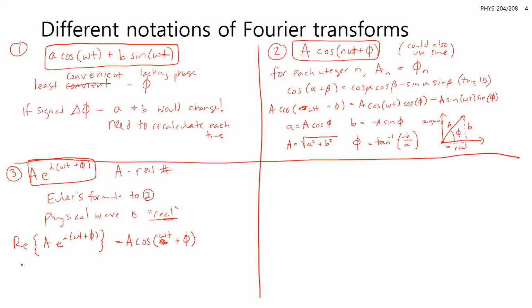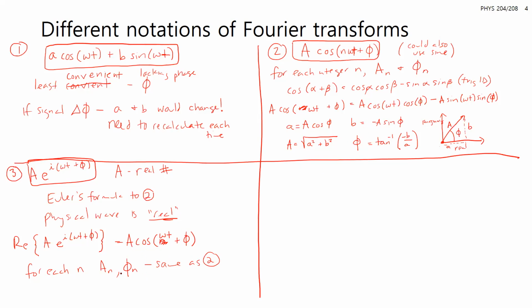So that's how this is very useful for working with real waves. And again, for each integer n, there's going to be an amplitude and an angle or a phase shift there. This is the same notation as part 2 here. The capital A here is equivalent to the capital A in the third notation.